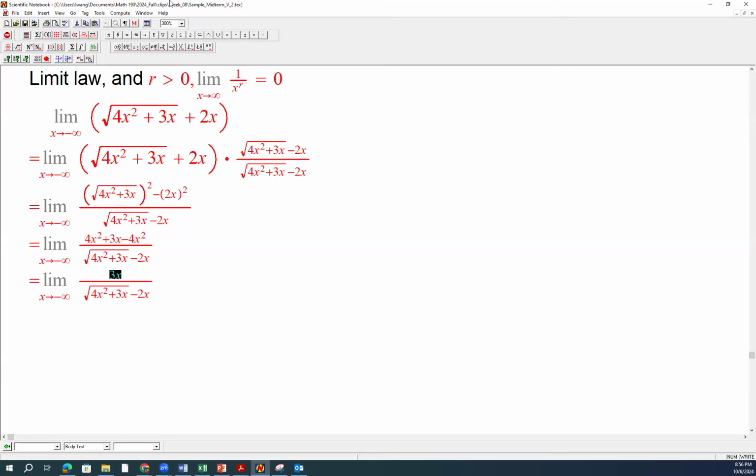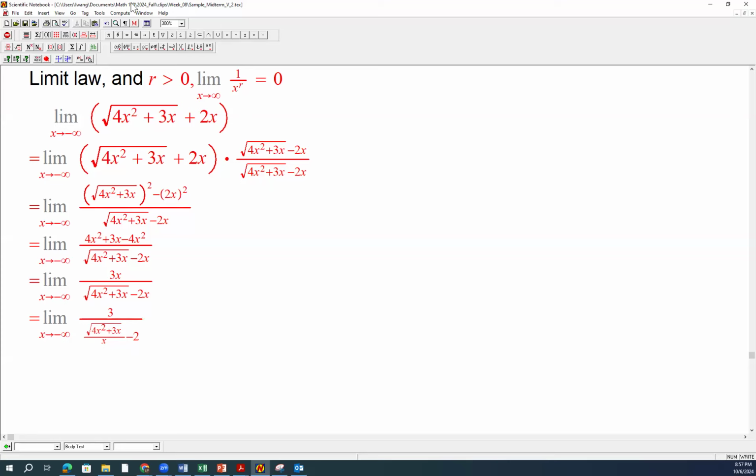We cannot do limit law, so we still have to do one more step. And this one more step, of course, will be dividing by x. So this piece is divided by x, and that piece is divided by x. And of course, we know that this is just 3, and this is just 2.